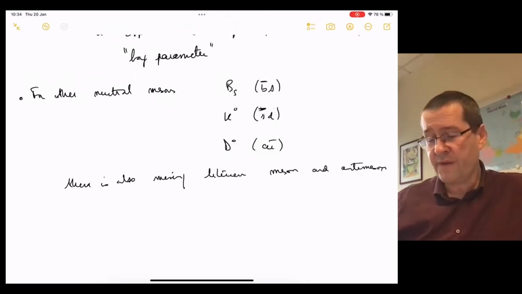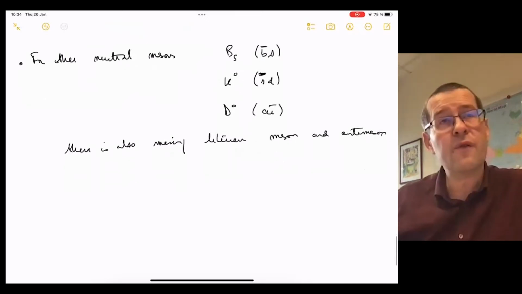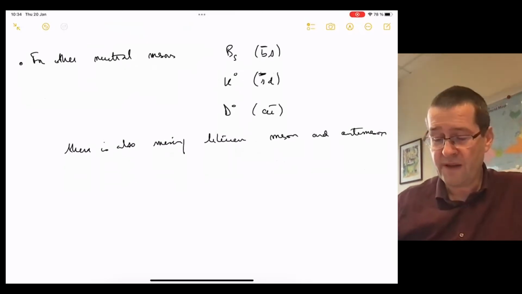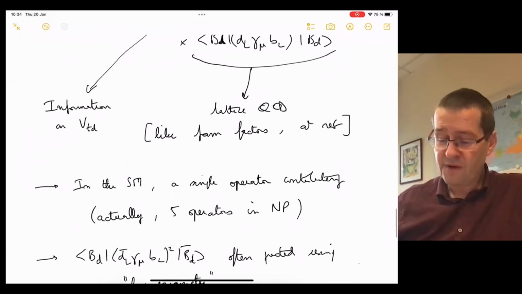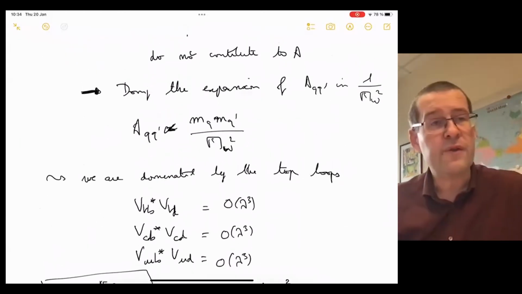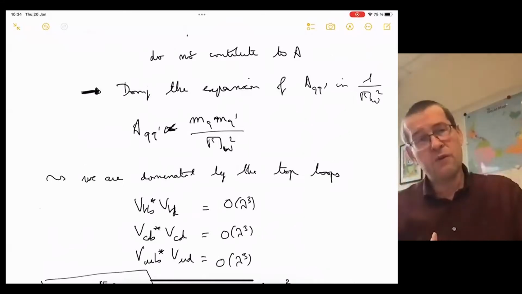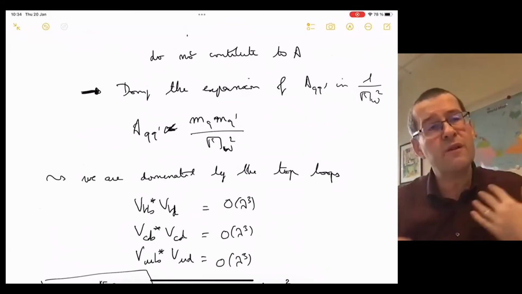The question is whether the situation is as simple as for the BD, because you see that for the BD, the discussion we had was an interplay between two things: the relative masses of the quarks inside the loop and the contributions coming from the CKM.